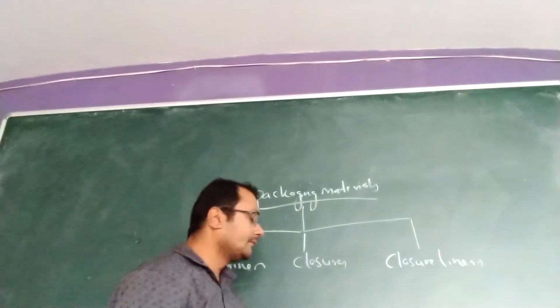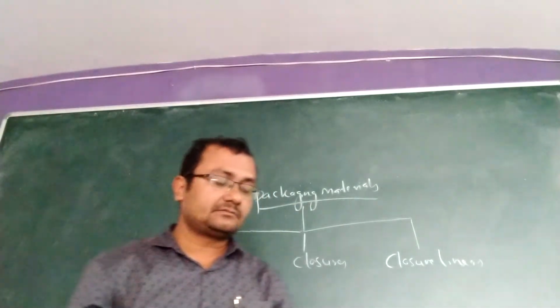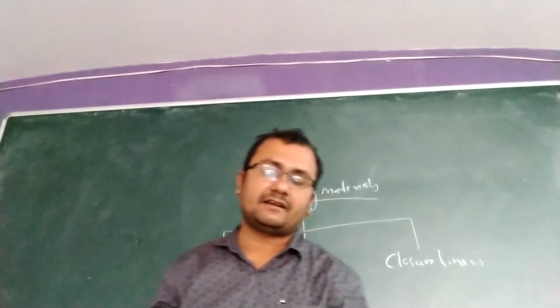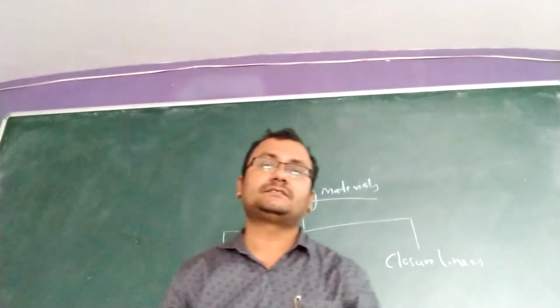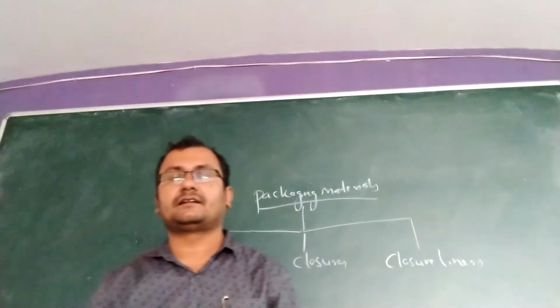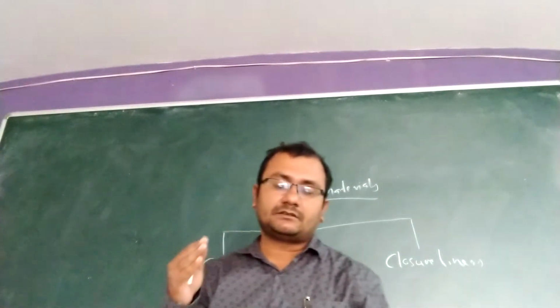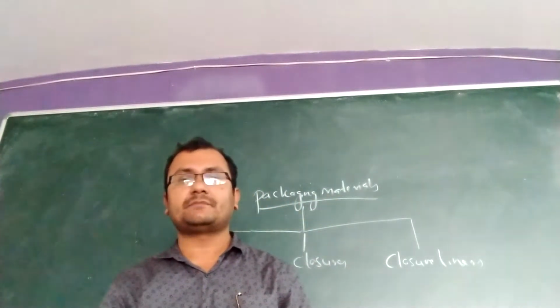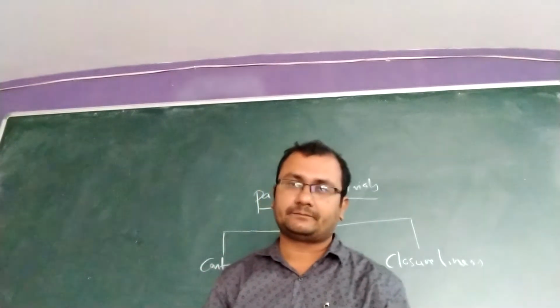So let us discuss what materials we are using in the containers. First, for the containers, two types of container we can use. One is primary container, another one secondary container. Primary means the container in which the product or the dosage form is directly in contact.